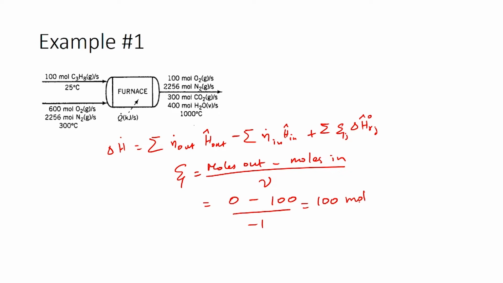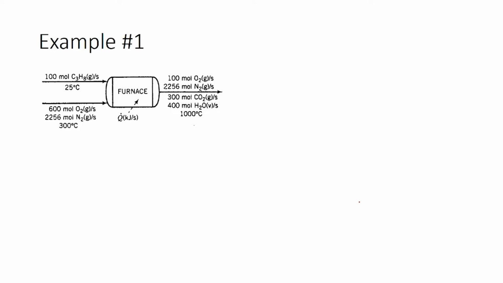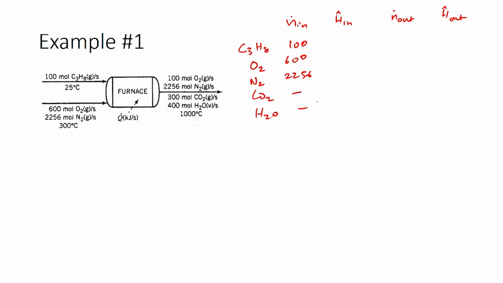Using this extent of reaction, we can plug the values back into this equation and calculate the total change in enthalpy. What we would have in the table is propane, oxygen, nitrogen, carbon dioxide and water, and the inlet flow rates N dot in and H cap in, and N dot out and H cap out, can all be written down as 100, 600, 2256, 0 and 0.